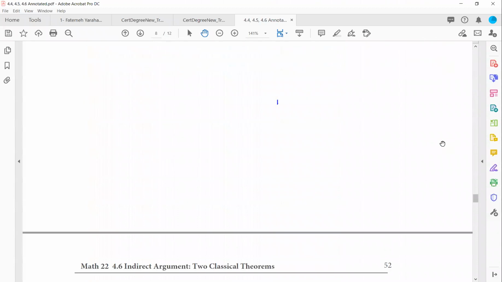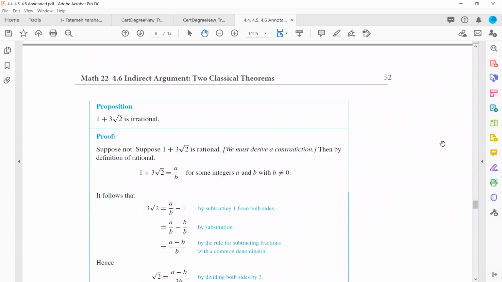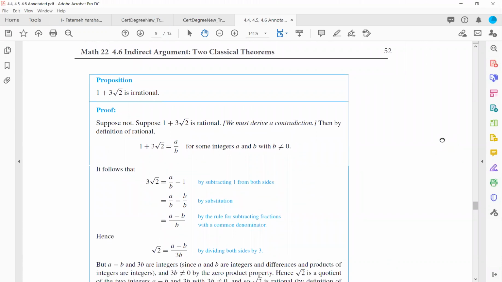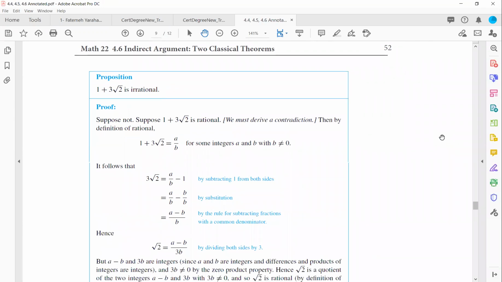Another cool example for you. 1 plus 3 times square root of 2 is irrational. Very well, we can prove this by contradiction. Suppose not, and 1 plus 3 square root of 2 is rational.